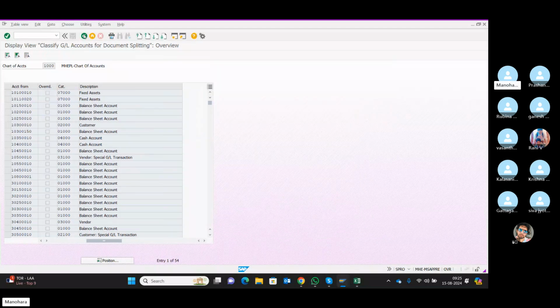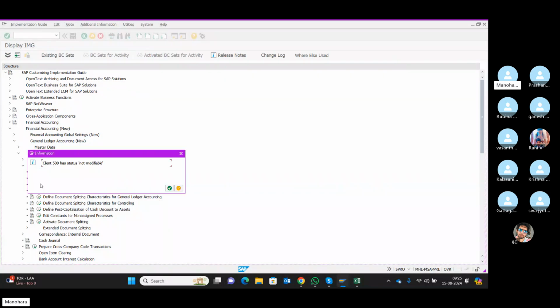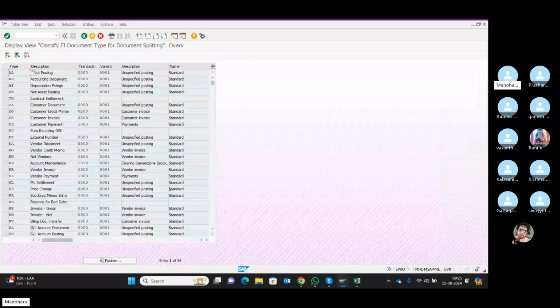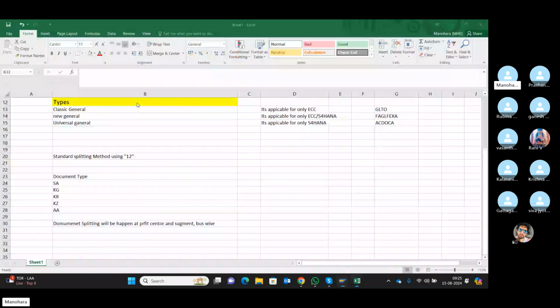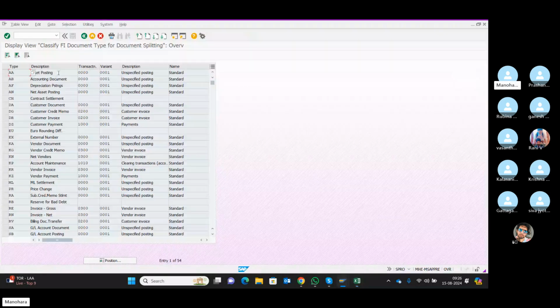So here the system will understand. And the second one, once that is completed, is to classify the document types for the document splitting. I already told you, right? Some document types are there: SA document, KG document, KR document. The system will understand it based on this. For example, K document is for the vendor document, right? This is standard.